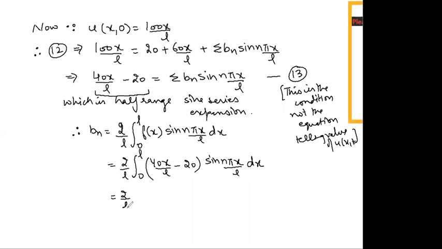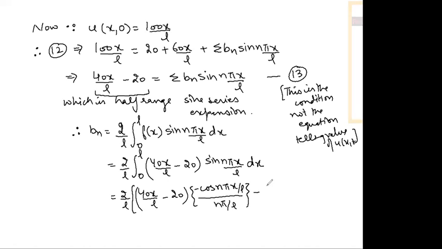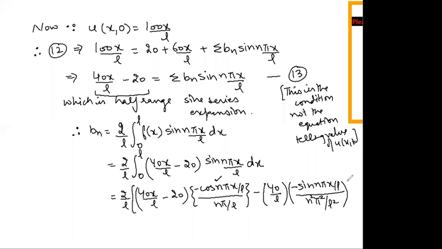Therefore now solving it we have 2 by L. Look, first function as it is, 40x by L minus 20, into integral of sine, which gives minus cos(n pi x by L) upon n pi by L, minus derivative of first term, which is 40 by L, into integral of this cos term, which is sin(n pi x by L) upon n square pi square by L square, limits from 0 to L. Beta, you solve this by yourself, okay?